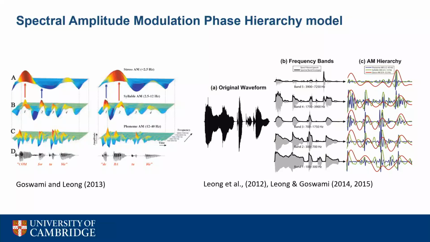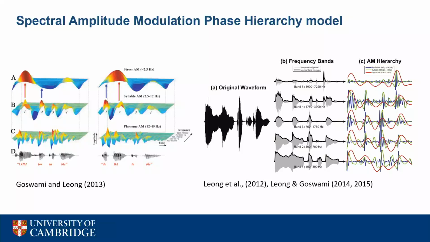If I filter both of them in the delta band, I'm trying to impose linguistic features on top of the delta band, which is not a very precise approach. There's a lot of work on this, and we use a model called the spectral amplitude modulation phase hierarchy model. What it basically shows is that all the speech rhythms are indexed on top of each other, and there's a tight phase relationship between them.